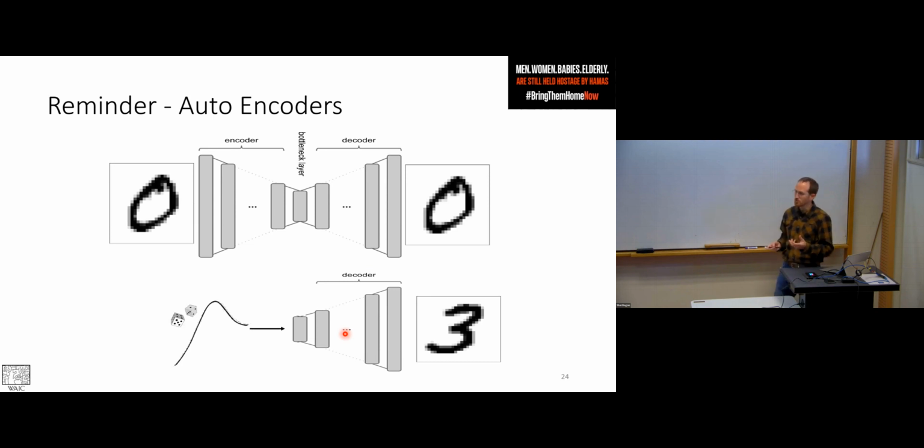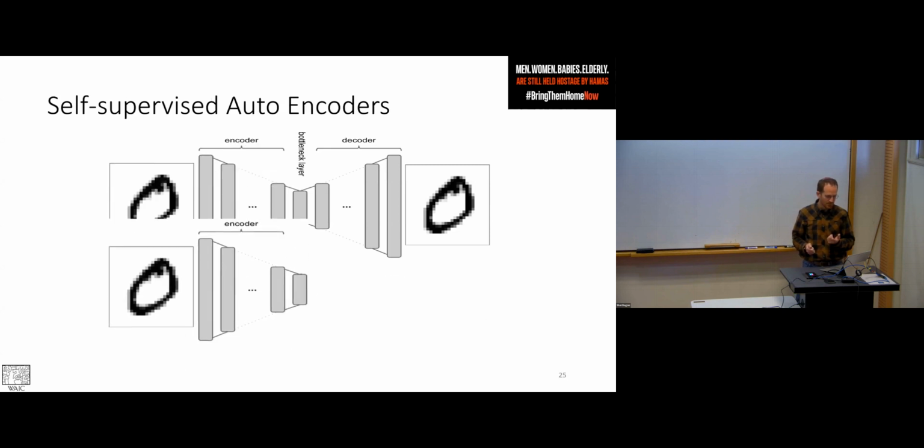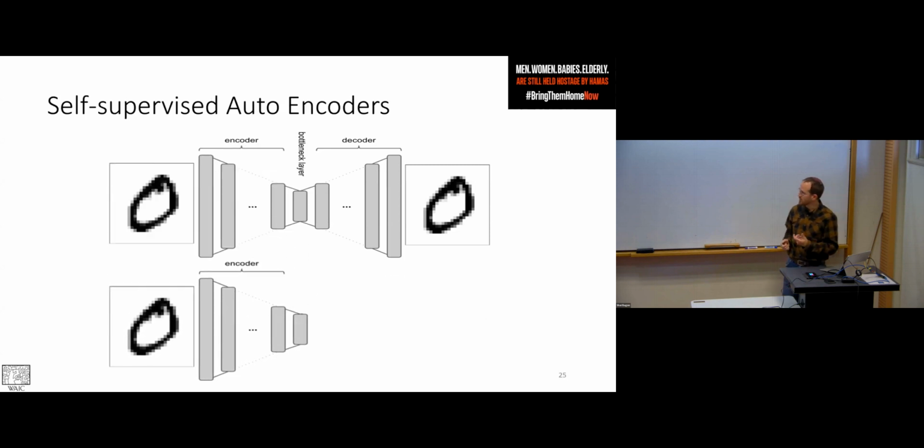So in generative models, we trained autoencoders and we were mainly interested in the decoder part. But in self-supervised learning, we are actually interested in the encoder part. We are interested in this mechanism that gives us a compact and hopefully meaningful representation for the images.